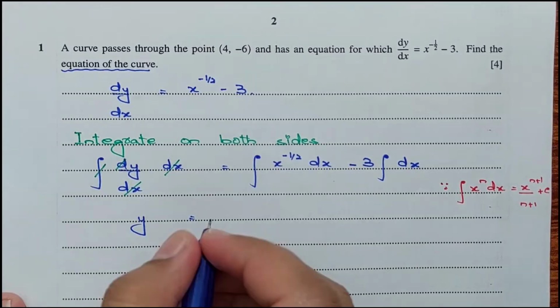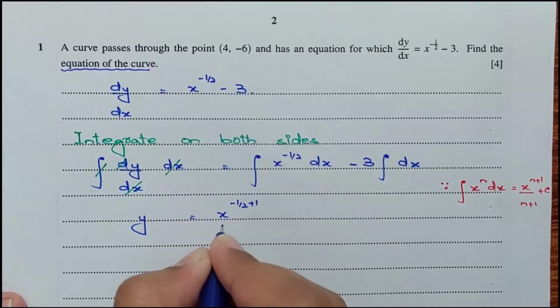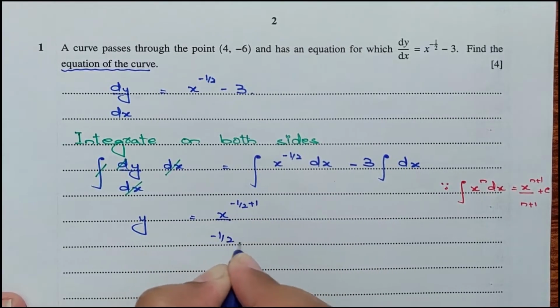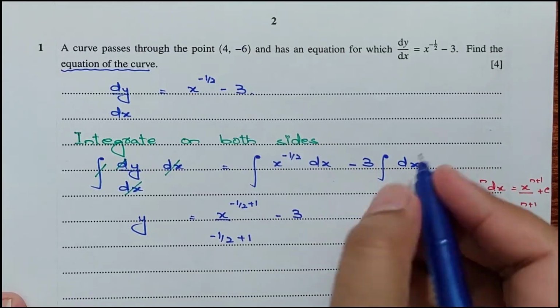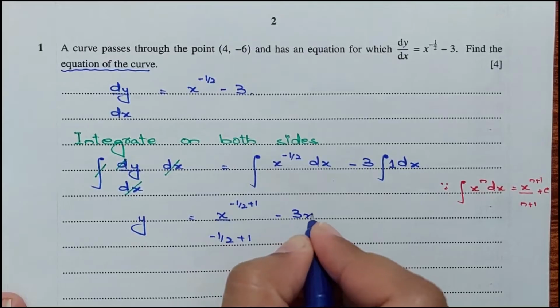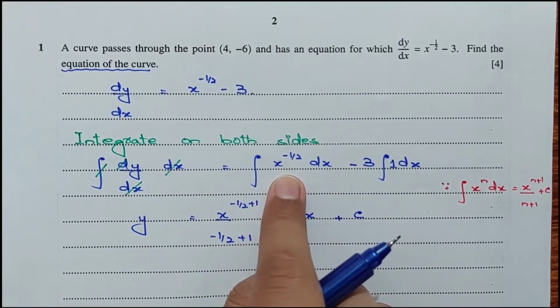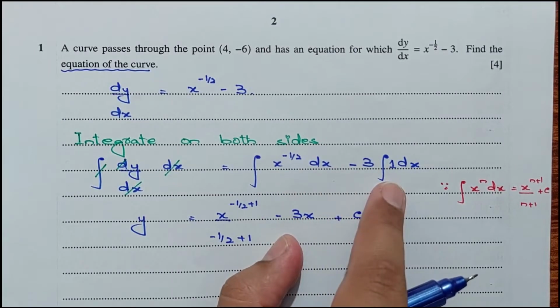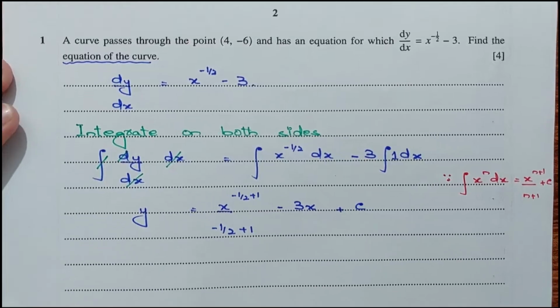So we have x to the power minus 1 by 2 plus 1 over minus 1 by 2 plus 1, minus 3. The integration of 1 is x, plus some constant of integration. This integral has a constant of integration and this has a constant of integration, and together there is just one constant of integration, that is c.